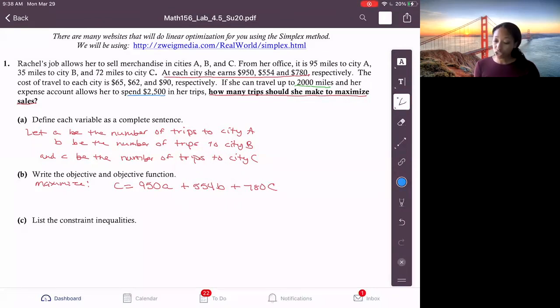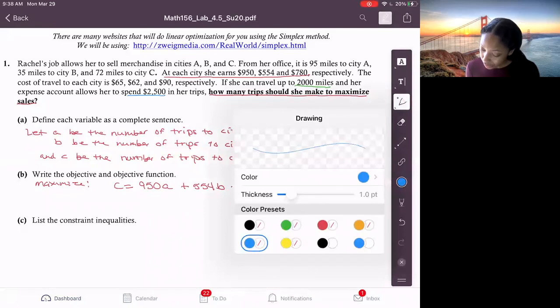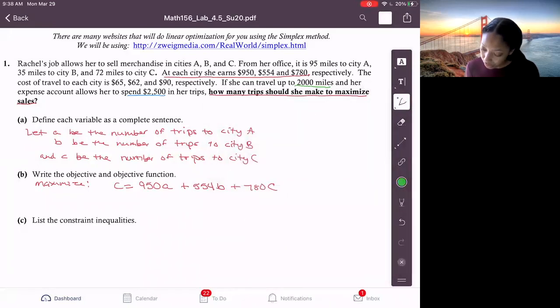And we're given information about each of those things. So for the distances, we're told that cities A, B, and C are 95 miles, 30 miles, and 72 miles. That gives us the constraint that 95A plus 35B plus 72C, when we put all of that together, we can travel up to 2,000 miles. So that has to be less than or equal to 2,000.